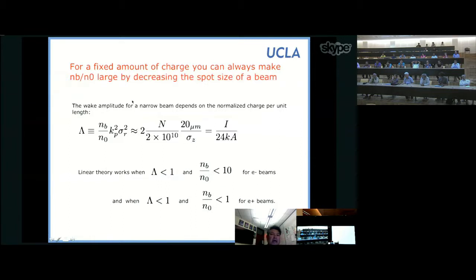Now you might be asking, even though you're interested in developing a program in laser acceleration, why you would worry that much about particle beam theory. The point is that no matter how you create the wake, you need to load particle beams into the wake.